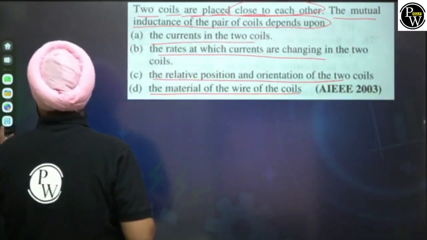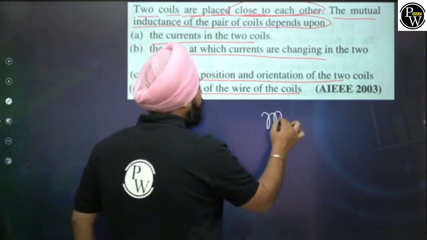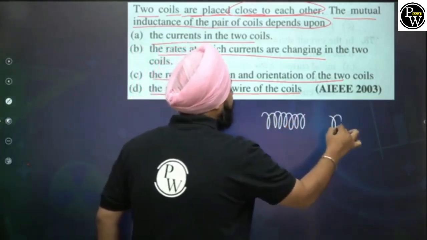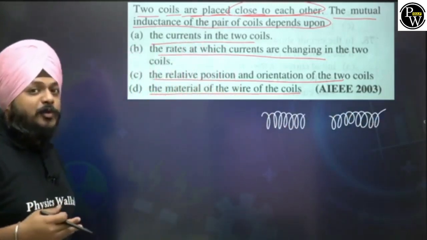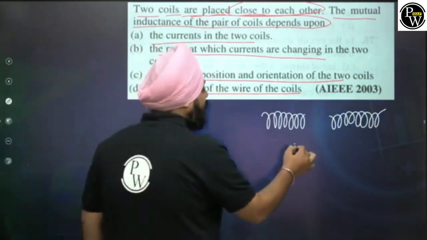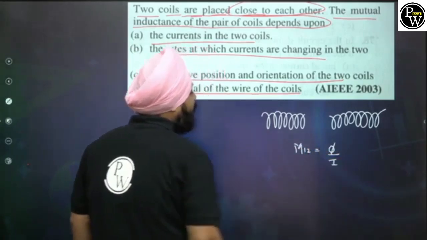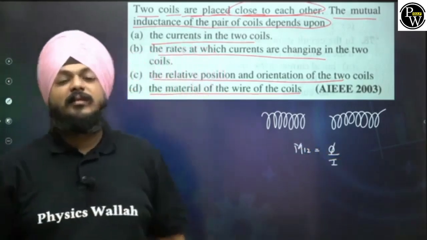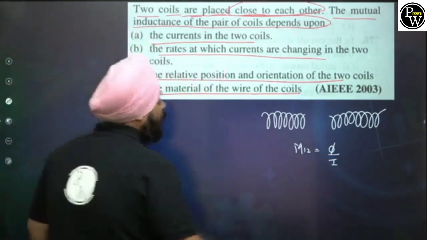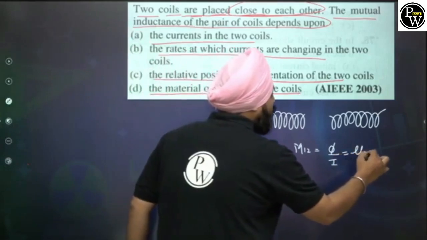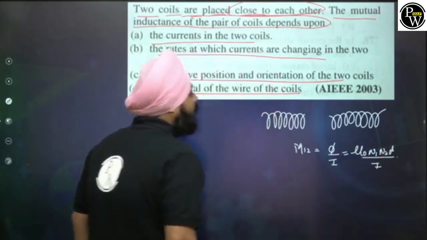First of all, let's understand the situation: the two coils are placed near to each other. What will be the formula of the mutual inductance? The mutual inductance is equal to flux by current, or you can say it as mu 0 n1 n2 A divided by the value of the current.